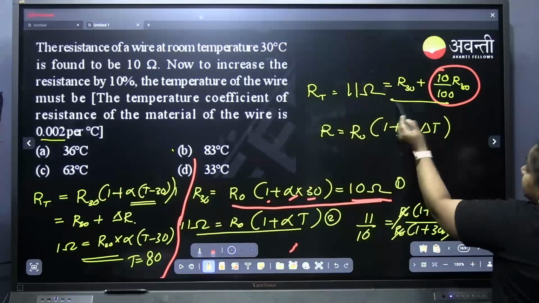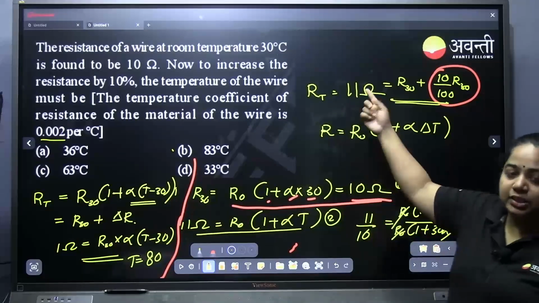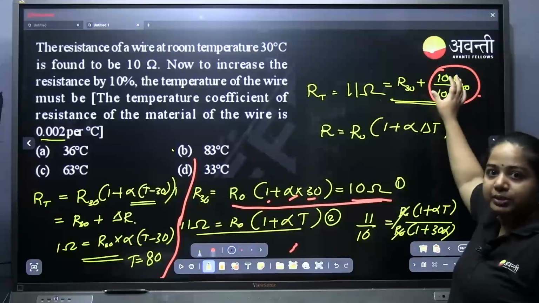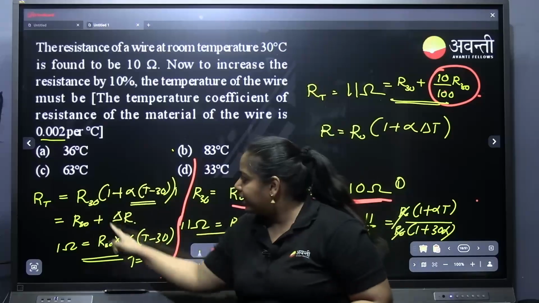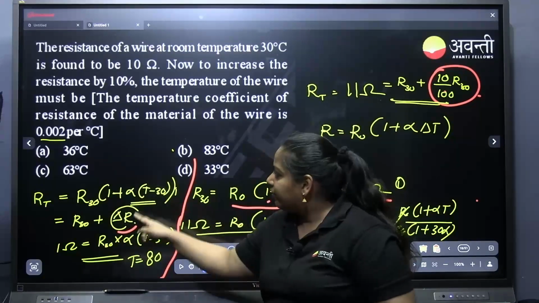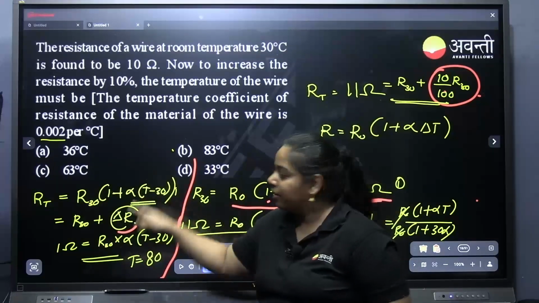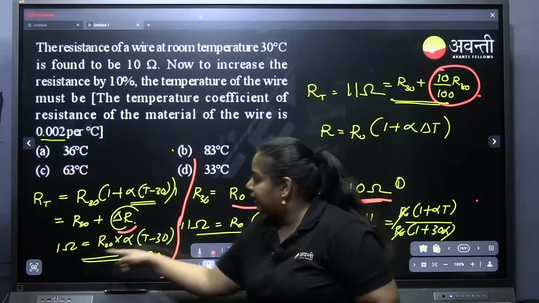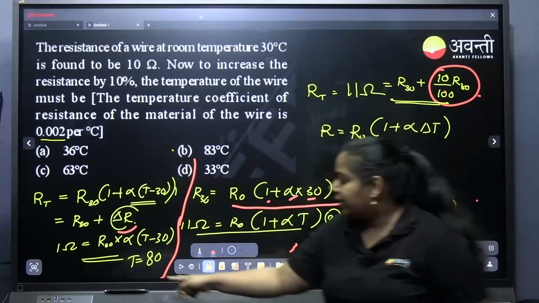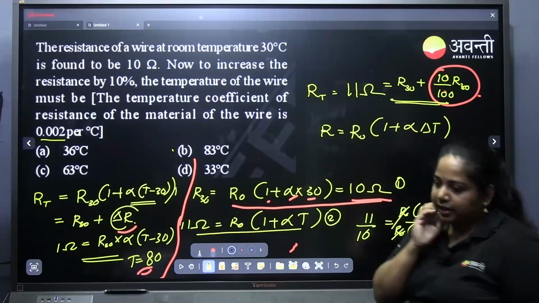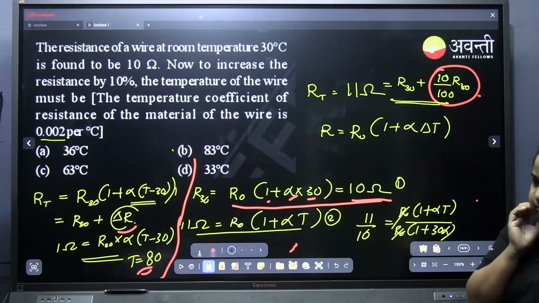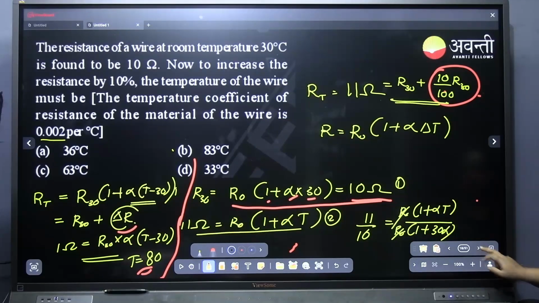So the new resistance is equal to R30 plus 10%. That 10% we are finding to be 1 ohm, delta R. So delta R will be equal to the second term, which we equate directly and solve. But you will get only an approximate value of T. Is that clear? Okay.